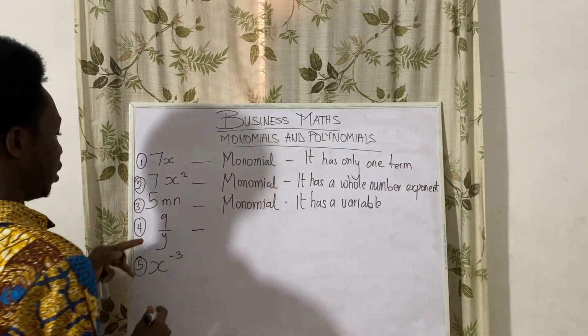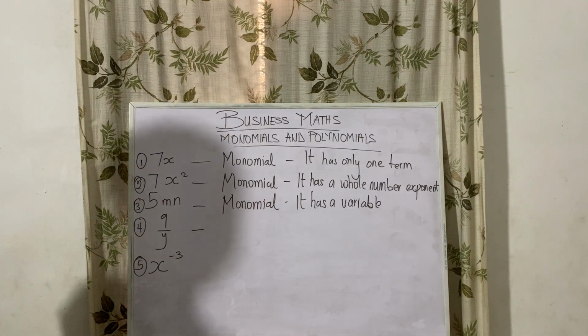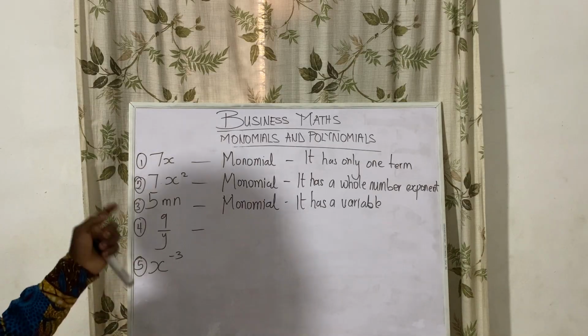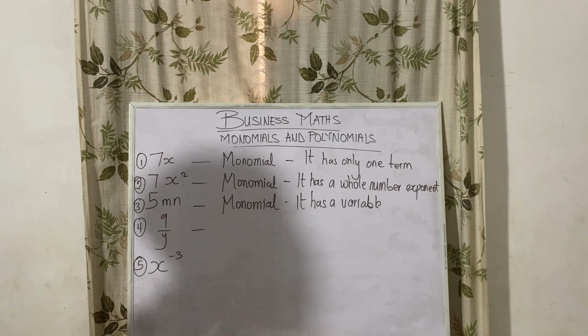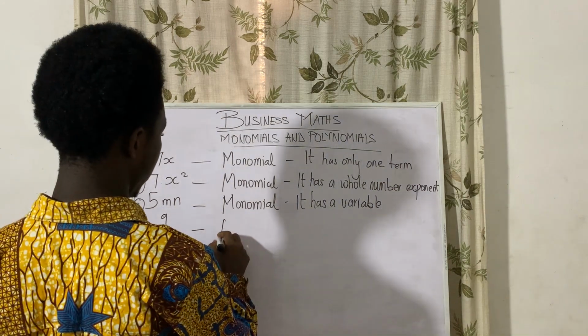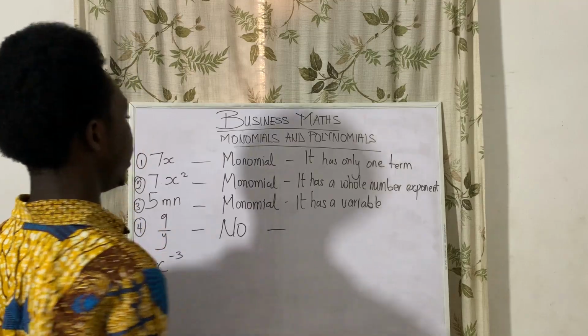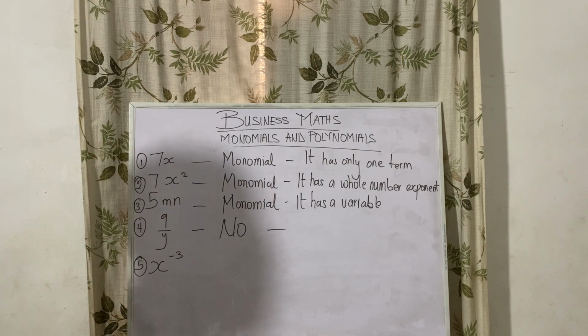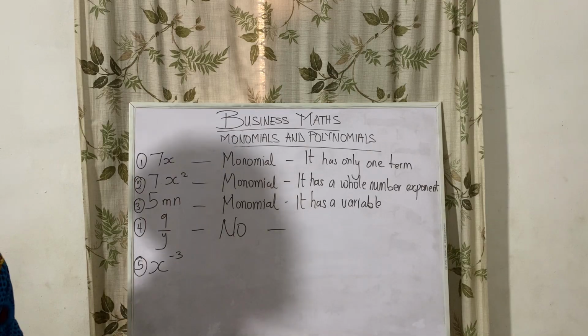Now what about 9 over y? Is this a monomial? No, this is not a monomial. Why not? It has a variable in the denominator.